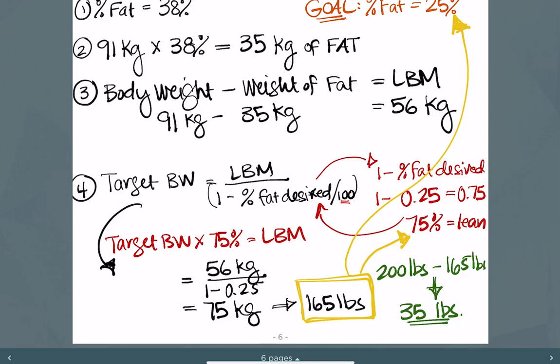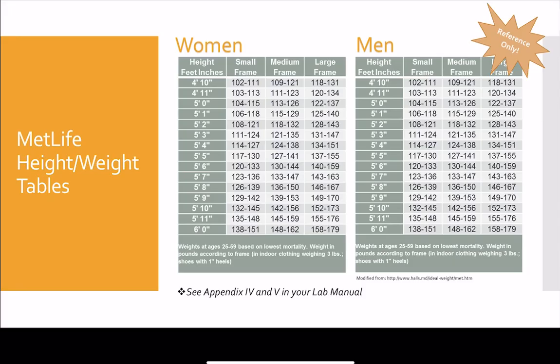Let's just look back at those height weight tables. She's a woman, so we're over here. She's 5'6", so this is our section here. Let's say she was a medium frame, the tables recommend her to be between 130 and 144 pounds.